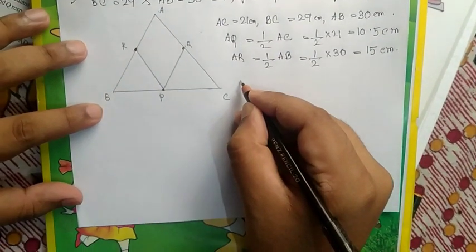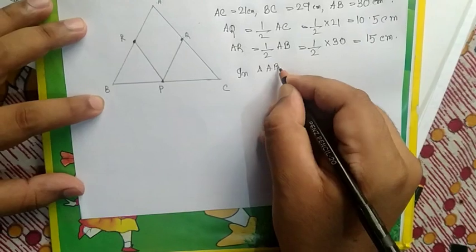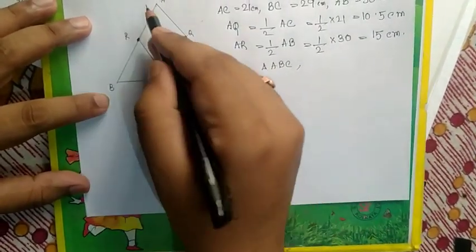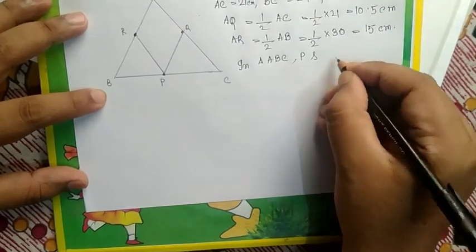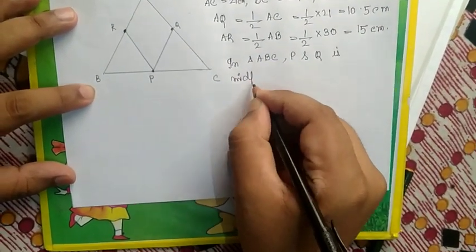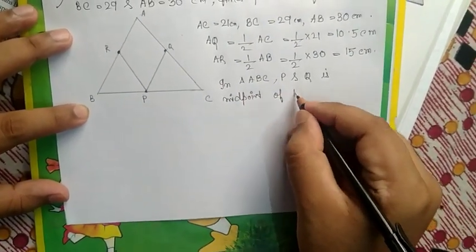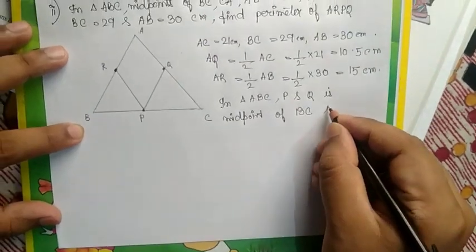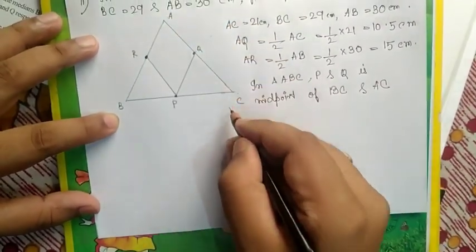Now in this triangle ABC, P is the midpoint of BC and Q is the midpoint of AC.